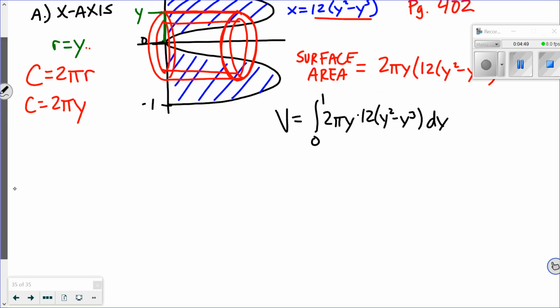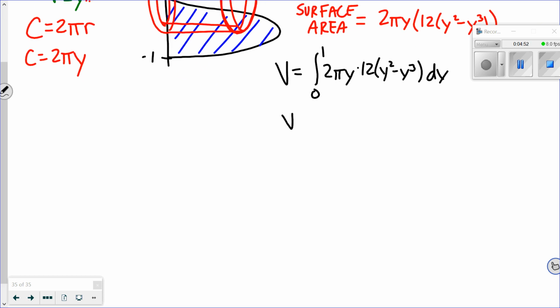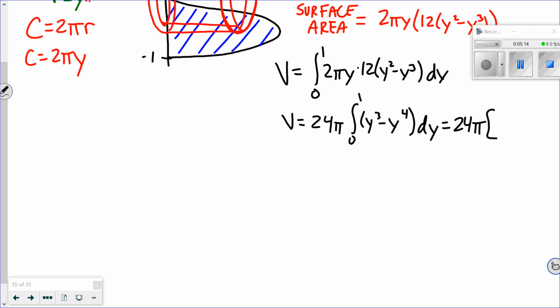So now, simplifying my integral, we can pull out a 24 pi, from 0 to 1. Distribute my y, I get y cubed minus y to the fourth dy, which equals 24 pi times the antiderivative: 1/4 y to the fourth minus 1/5 y to the fifth from 0 to 1.